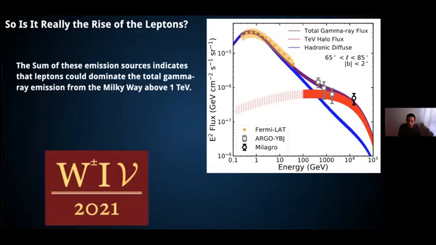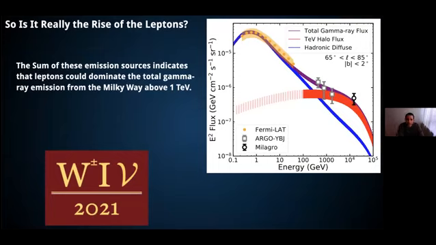And moreover, these things are bright, and we're going from 1 or 2 observations to potentially dozens of observations. And the luminosity of these things can be very closely tracked to the luminosity of the pulsars that are forming them. And we know of thousands of pulsars from radio observations.